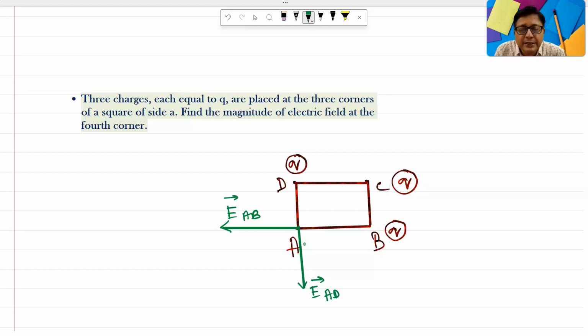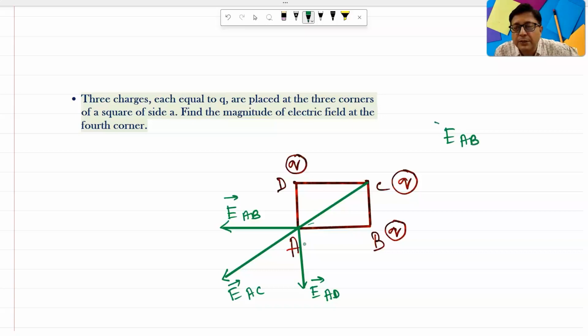Electric field exists at A due to the charge at C. It will be directed this way. EAC.